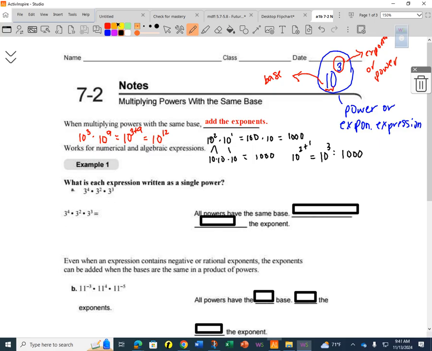So if we're looking at the next example, all powers have the same base. Here, there's a power 3 to the 4th, a power 3 to the 2nd, a power 3 to the 3rd. Remember, we could also read this as 3 squared and this as 3 cubed. All powers have the same base, so we're going to add those exponents. So it's going to be 3 to the 4 plus 2 plus 3 power, so 3 to the 9th power.